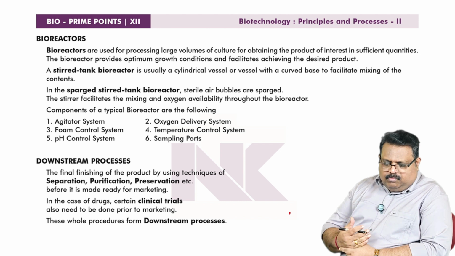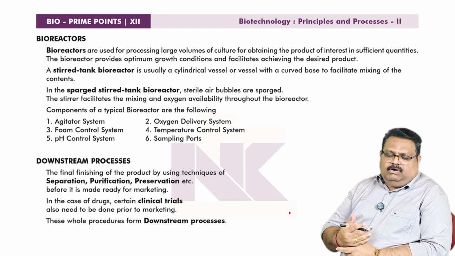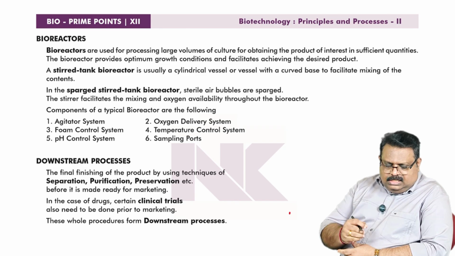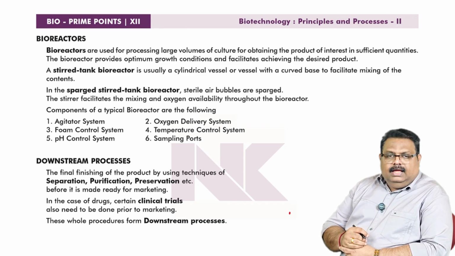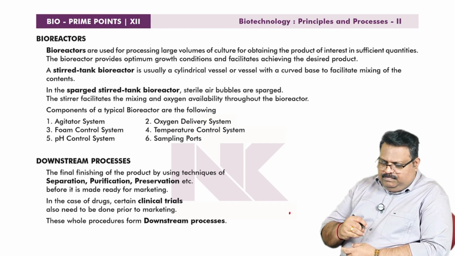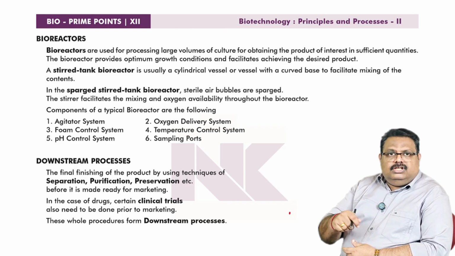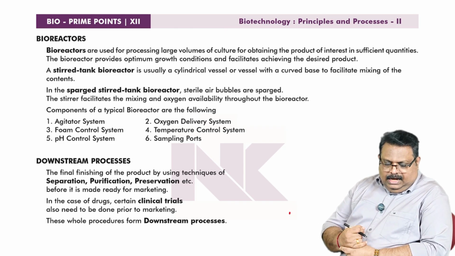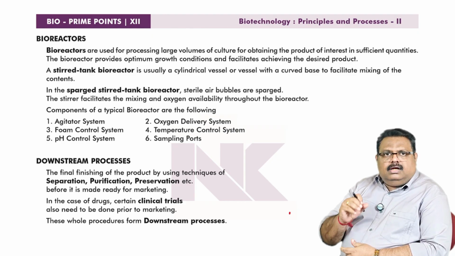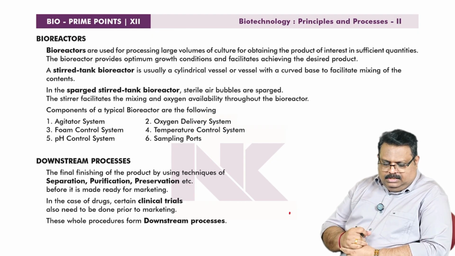The bioreactor provides optimum growth conditions and facilitates achieving the desired product. A stirred tank bioreactor is usually a cylindrical vessel with a curved base to facilitate mixing of the contents. The stirring is made possible. In the sparged stirred tank reactor, sterile air bubbles are pumped or sparged. The stirrer facilitates the mixing and the oxygen availability throughout the bioreactor.